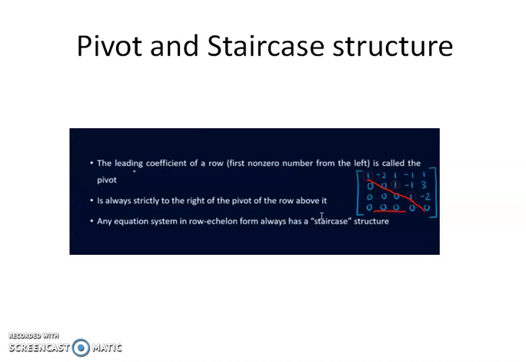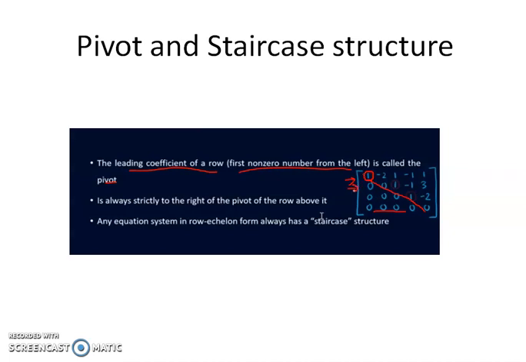So from the leading coefficients in the row echelon form, you will be able to derive the pivot values. What is a pivot value? The leading coefficient of a row, that is the first non-zero number from the left, is called the pivot. In the first row the first non-zero value is located here, so that is the pivot of the first row.